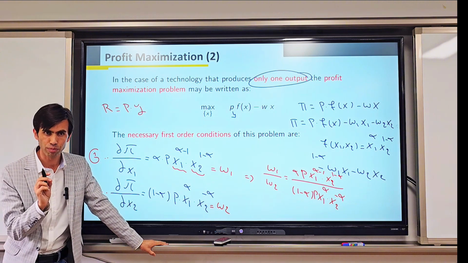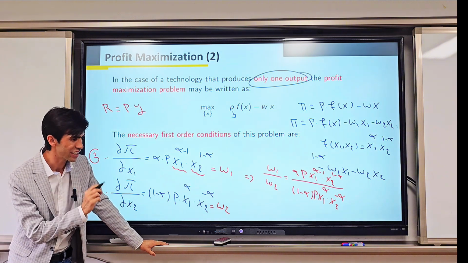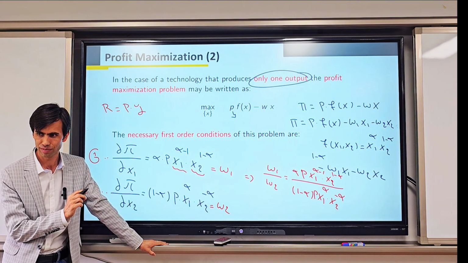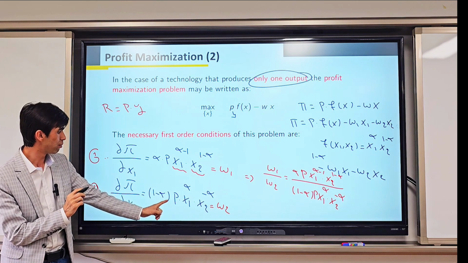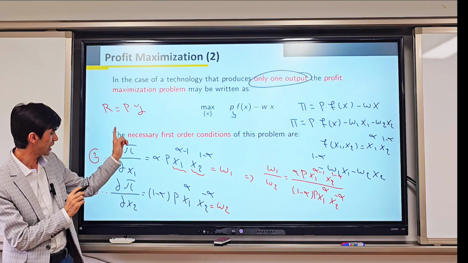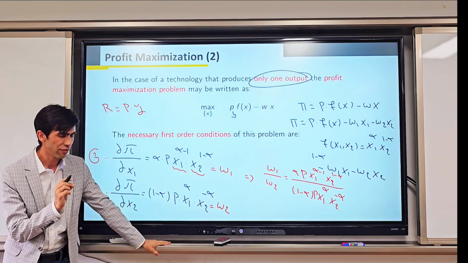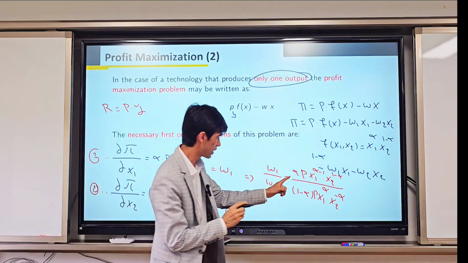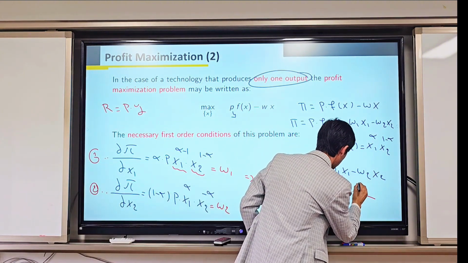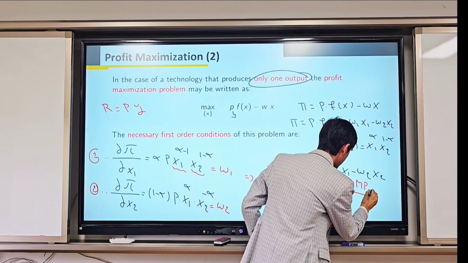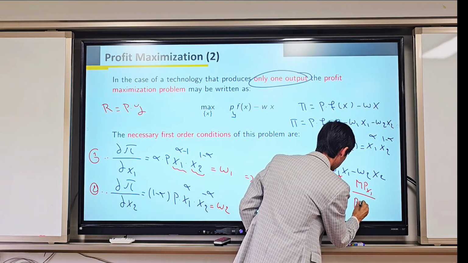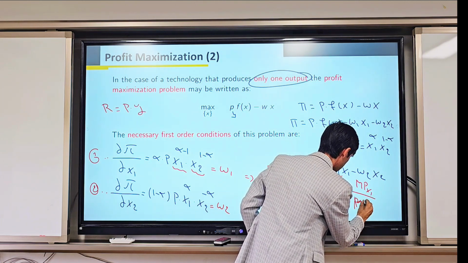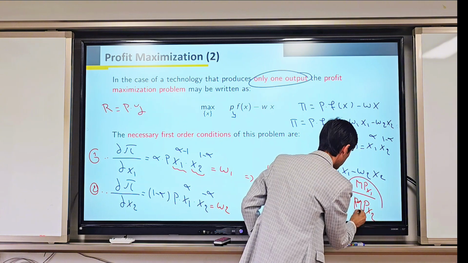We will get the marginal product of x1. And if we take the partial derivative with respect to x2, we will get the marginal product of x2. So this one is the marginal product of x1. This is the marginal product of x2.